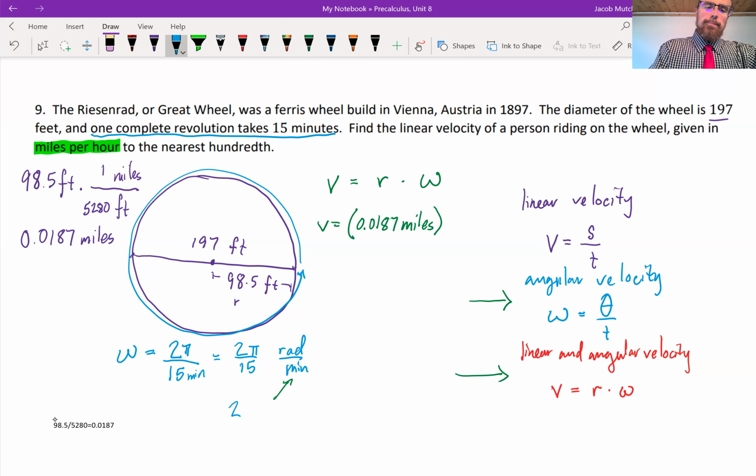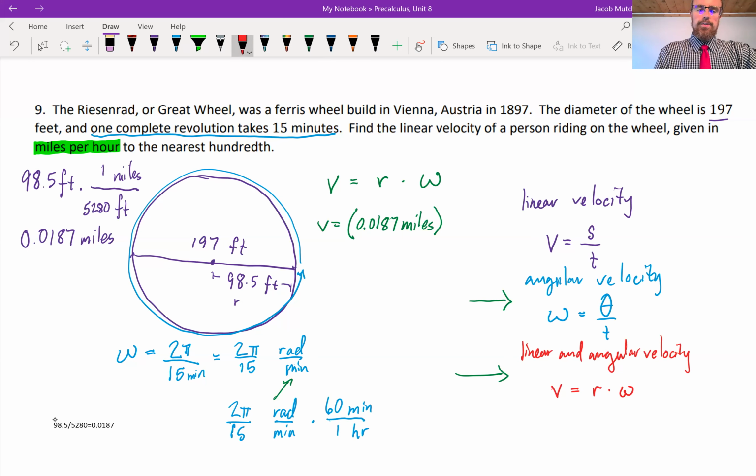So I'm going to take 2 pi over 15 radians per minute. I see that my minute is in the denominator in that unit, so I need to multiply by minute above and hour below, and put 1 hour to every 60 minutes.